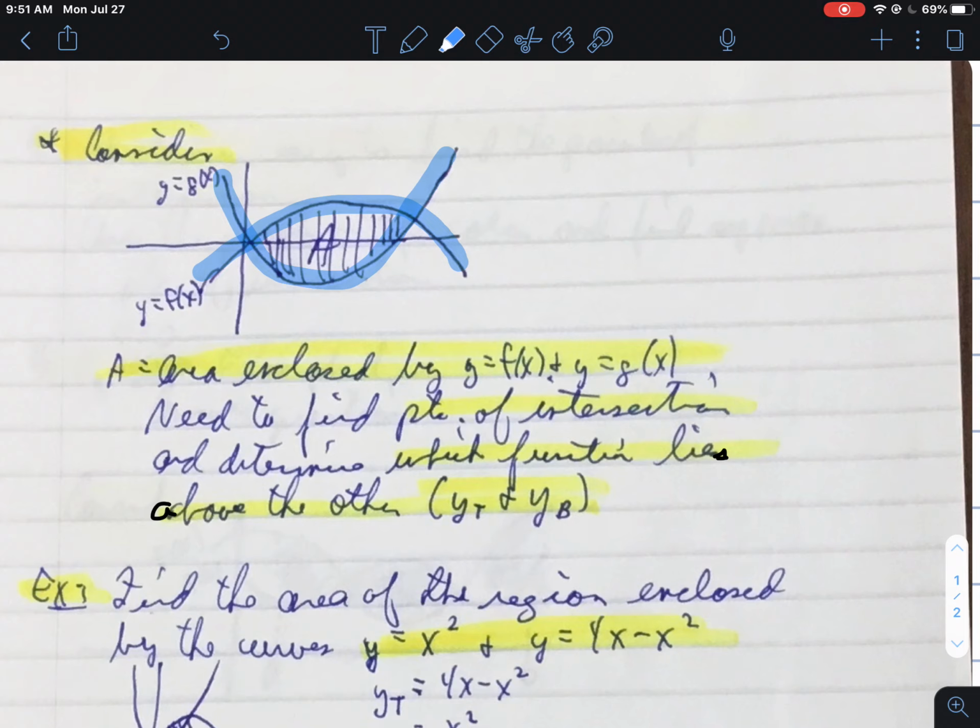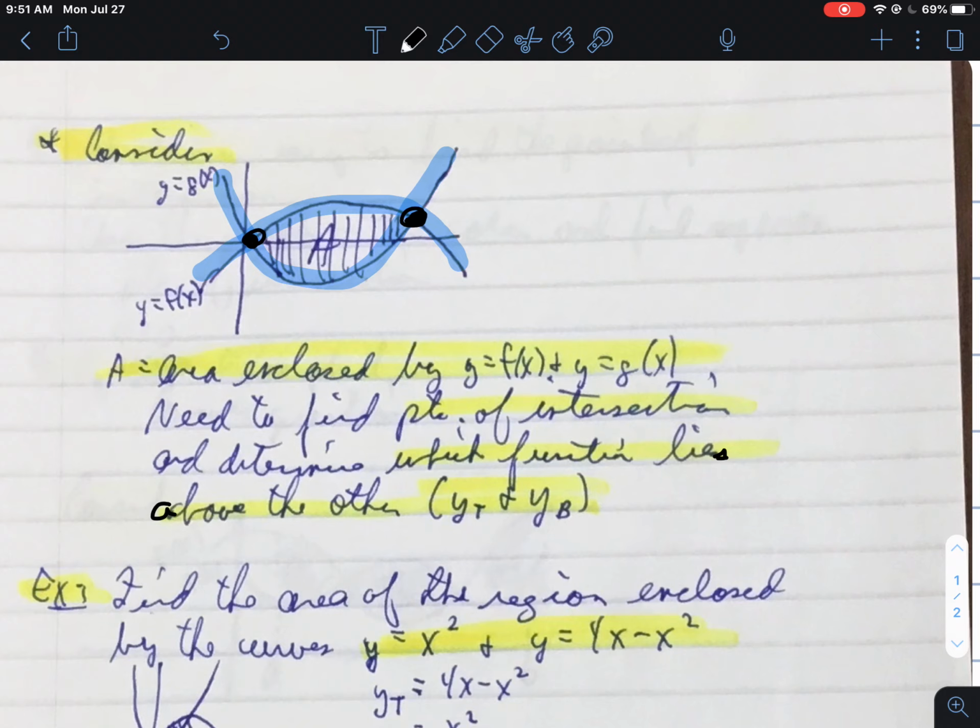If I'm going to calculate the area enclosed between those two curves, what I will first need to determine is what are these points of intersection. Where do these, what is the interval over which that region is enclosed? What are those points of intersection at the beginning and end of that region?